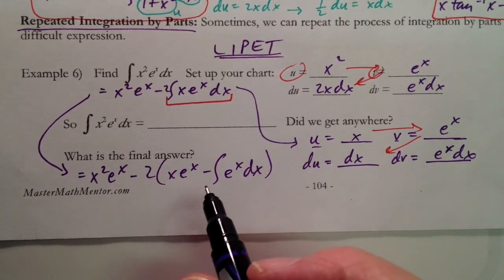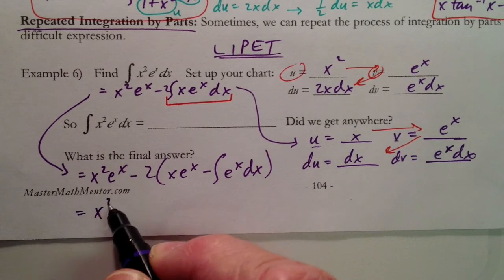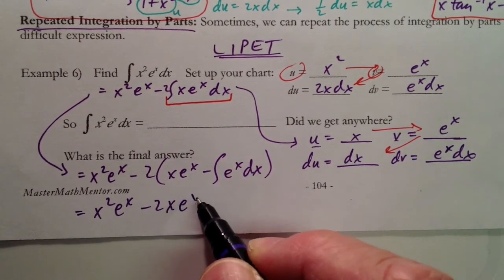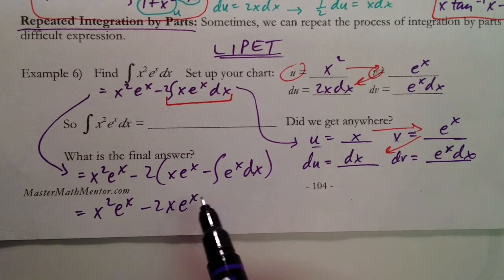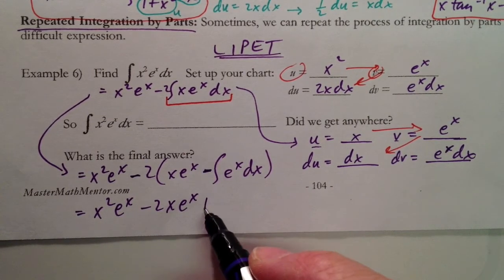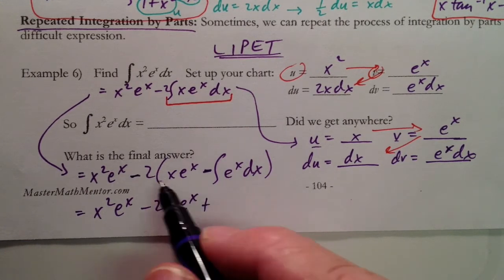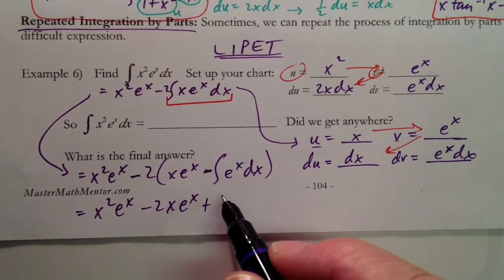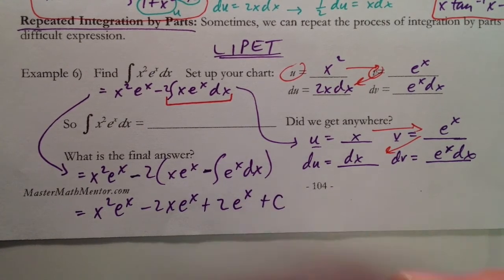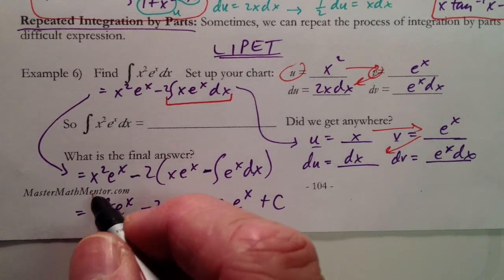We can do that. Okay, we get x squared e to the x minus 2x e to the x. Now be careful. A minus here and a minus here is a plus. And we have to distribute the 2. 2 times e to the x, and we have plus c.